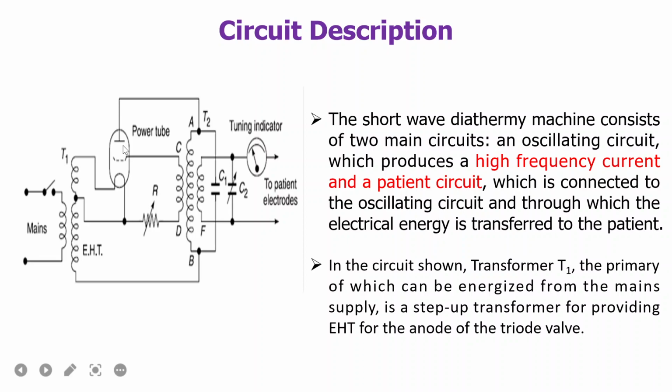Here we have EHT, extra high tension voltage, for the anode of the triode, and it produces the high frequency current. This high frequency current from the transformer is supplied to the oscillating circuit.